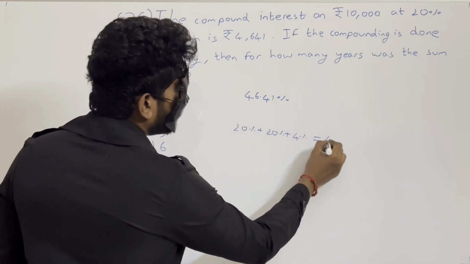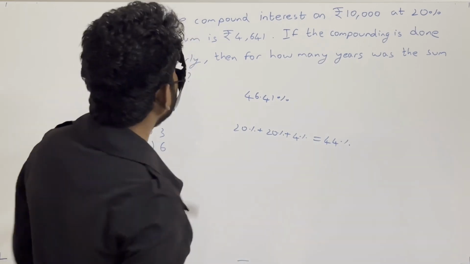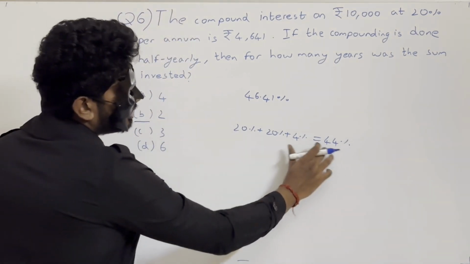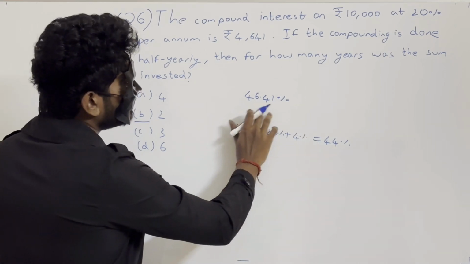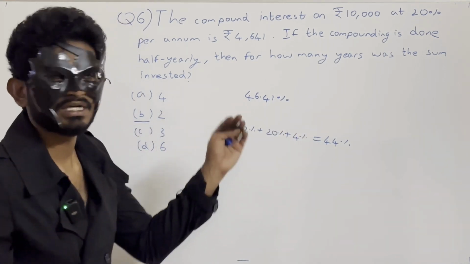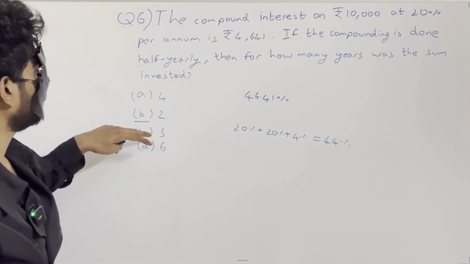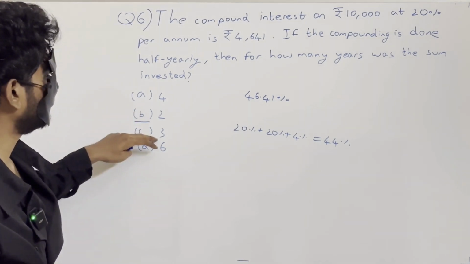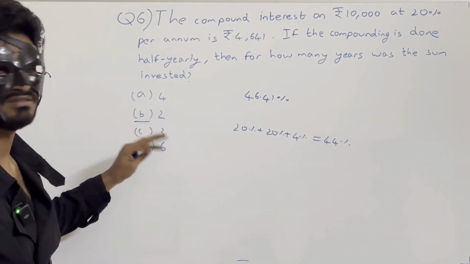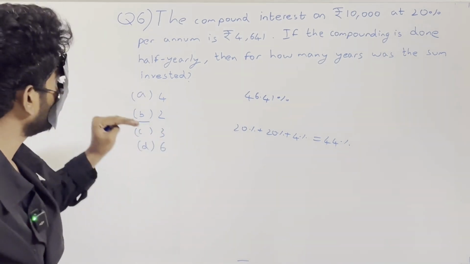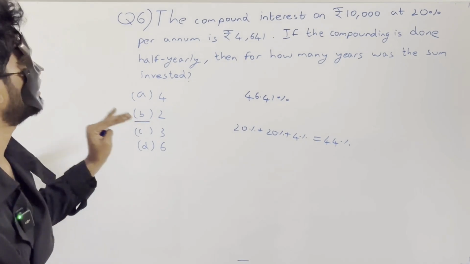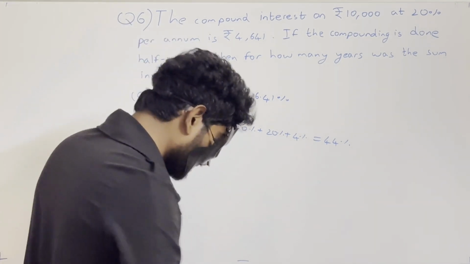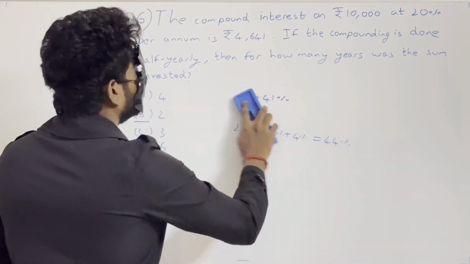So the total will be 44%. So even if you compound it yearly, it will reach 44% only, which is less than this. So it will not cross 2. So I will tick option B. But if you want to do it from basic, then I will teach you how to do it.